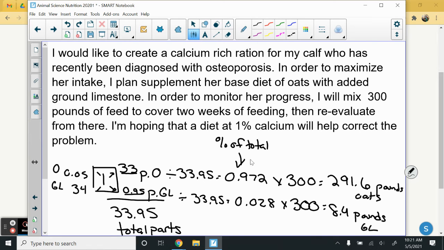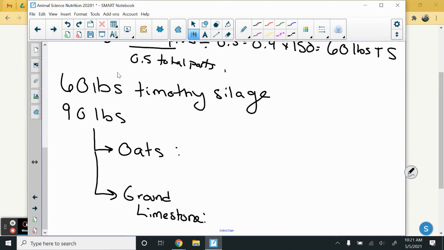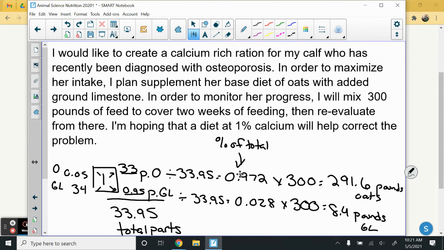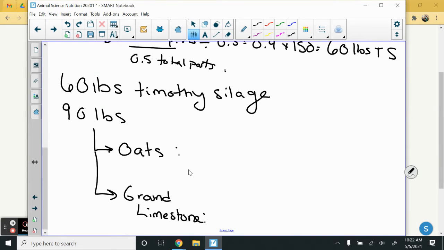So I'm just going to take these percentages right here, and instead of multiplying them by the 300 I multiplied them by to make my first mix, I'm going to instead multiply them by how much of the mix I need in my final product. So I'm going to take that 0.972 for oats and that 0.028 for ground limestone and use those as my multipliers.